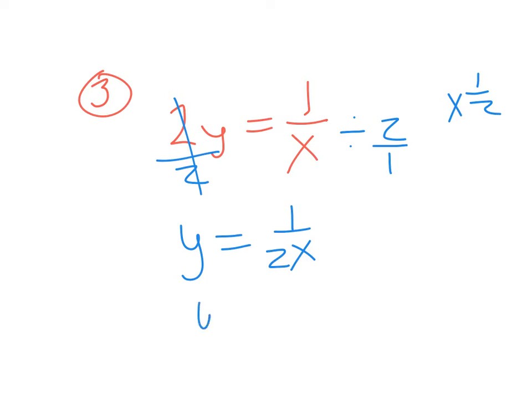That's the same thing as saying y equals 0.5 over x. So it's inverse variation. That's a harder one.